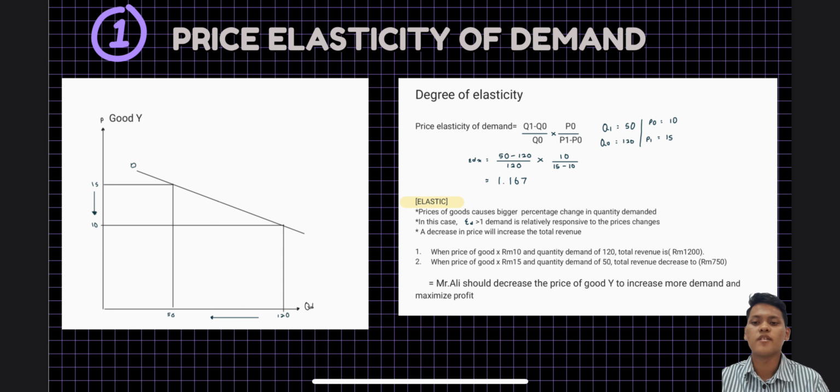For the first one, when the price of good Y is RM10 and the quantity demanded is 120, the total revenue would be 1,200 ringgit. Next, when the price is RM50 and quantity demanded is 50, total revenue decreased to 750 ringgit. Then, Mr. Ali should decrease the price of good Y to increase demand and maximize the profit.